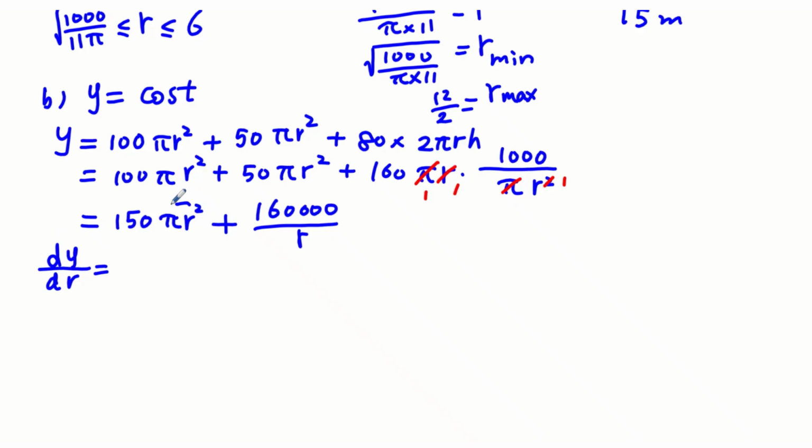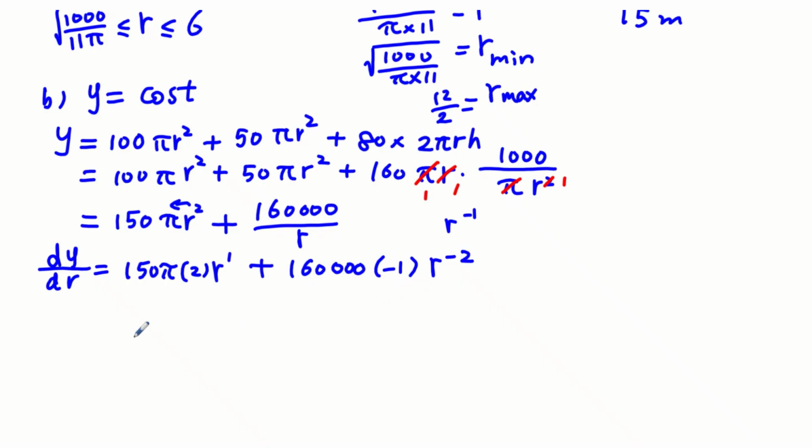So this one, 150 pi is constant, so times 2, then degree minus 1 is r to the 1. Plus 160,000, this one we can think is r to the exponent -1. So -1, then r to the -1 minus 1 gives us -2.